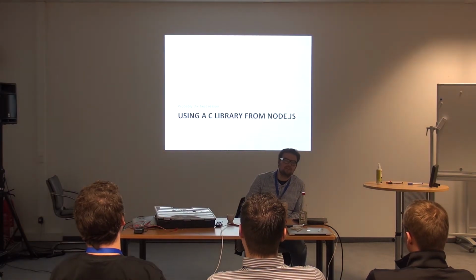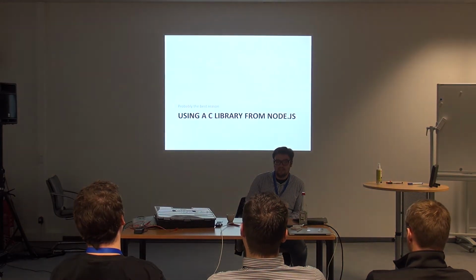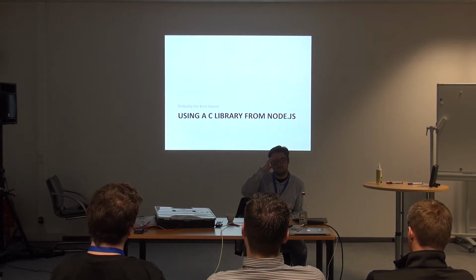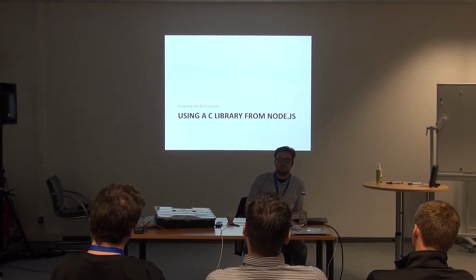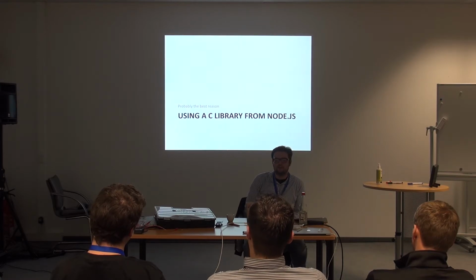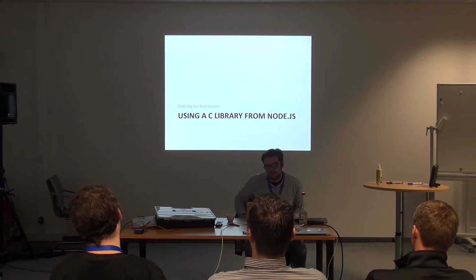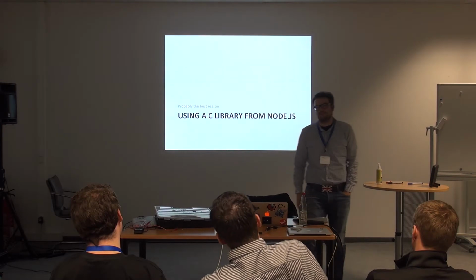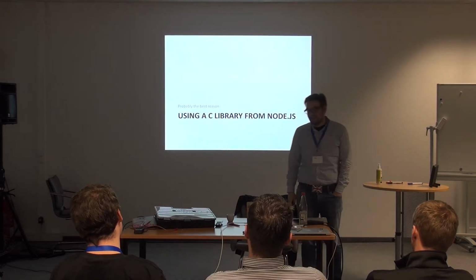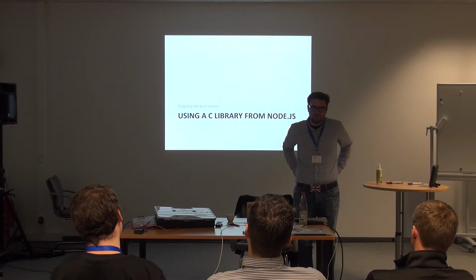But what is really valuable, if you have a C library and you want to use it from Node.js, is that there's an FFI, a foreign function interface, which in benchmarks for us, developing CouchNode, added a lot of overhead and was really slow for some reason.